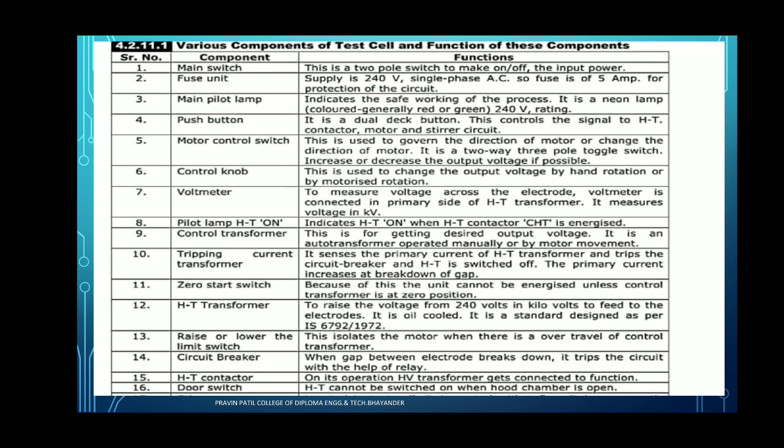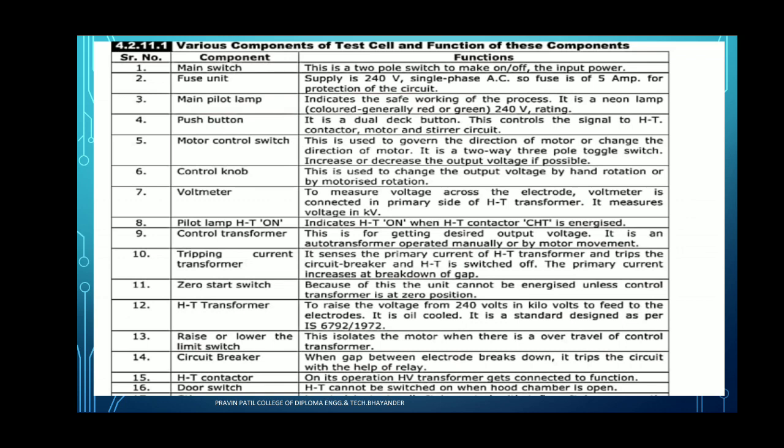Next, fuse unit. Fuse is the protective device which provides protection of the substation or the power system to avoid electrical shock, and the fuse may melt out during short circuit or overload condition. So we have to see the fuse unit.